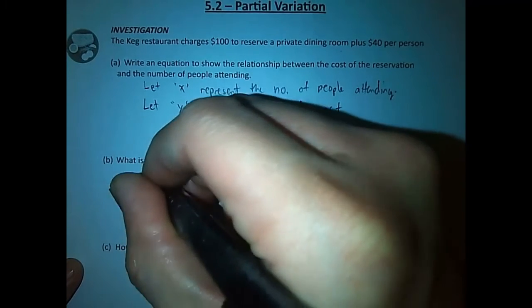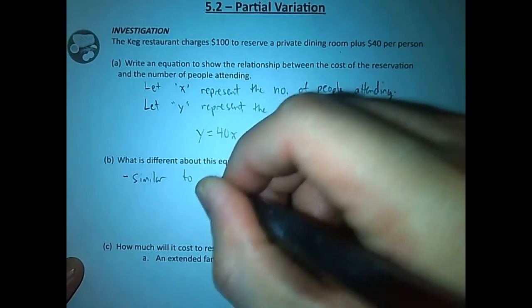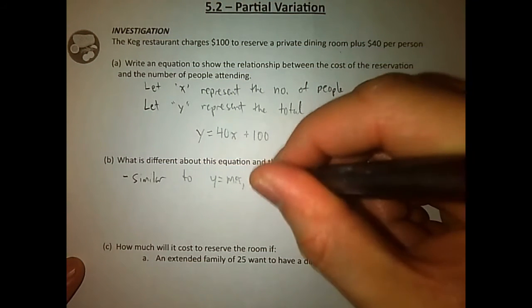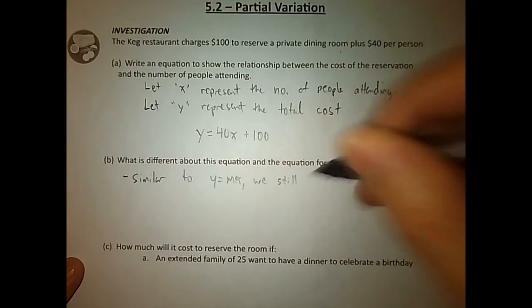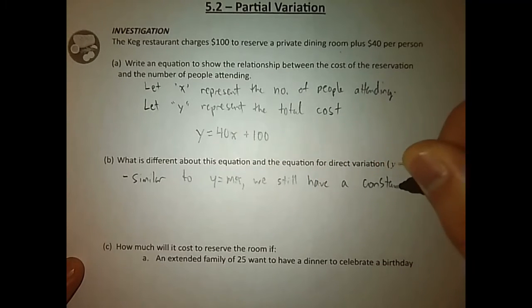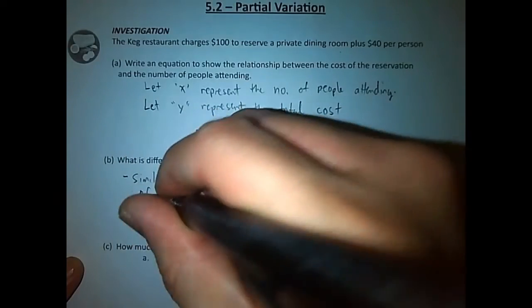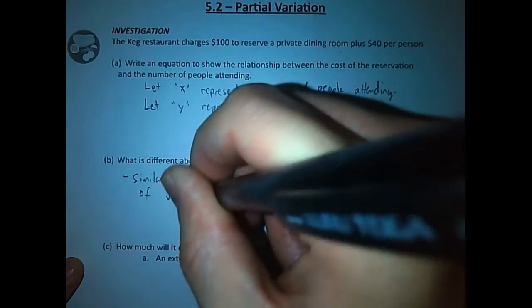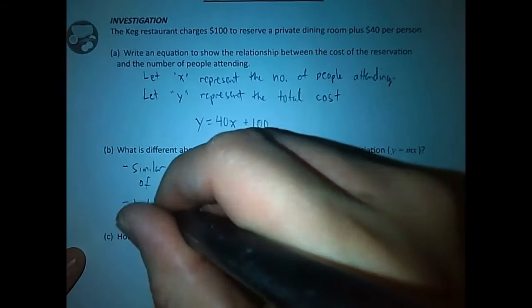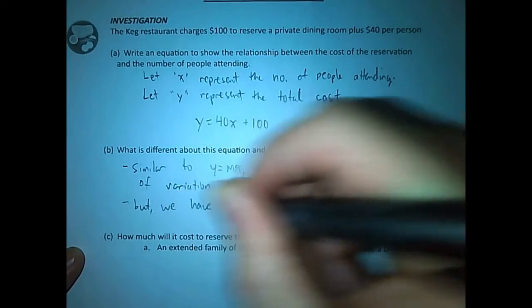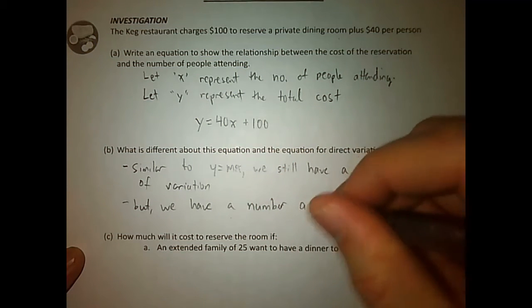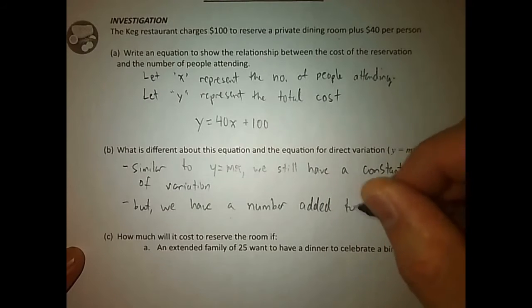Similar to y equals mx, because we still have a constant of variation, but we have a number added to the end.